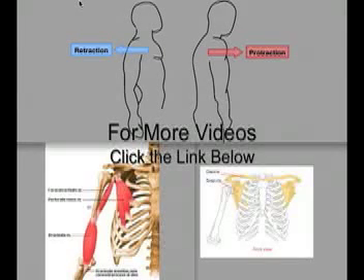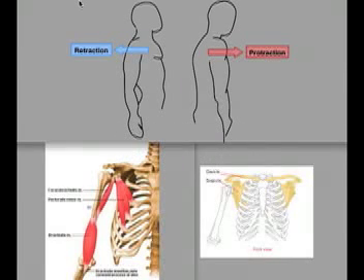A little bit more specifically about the kyphotic posture. So in part 1 I was talking about lordosis and how the curves of the spine need to balance each other to maintain centre of gravity so you don't tip forwards or tip backwards.